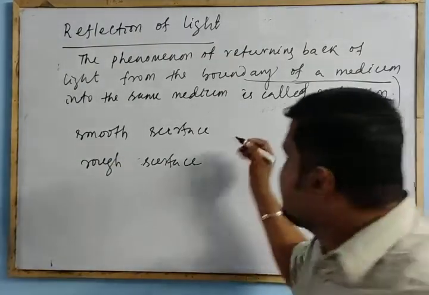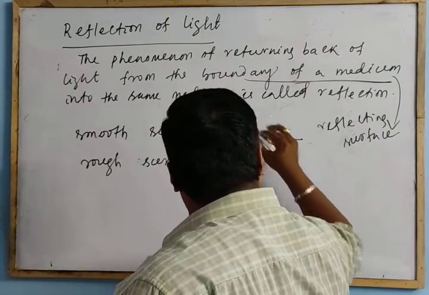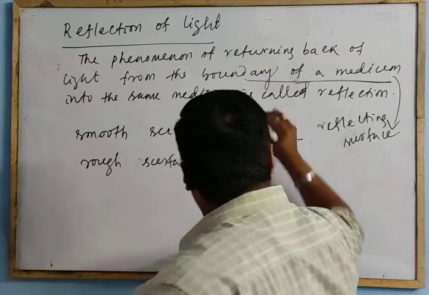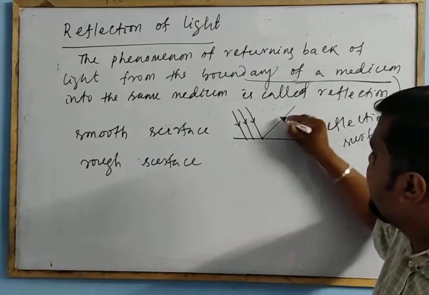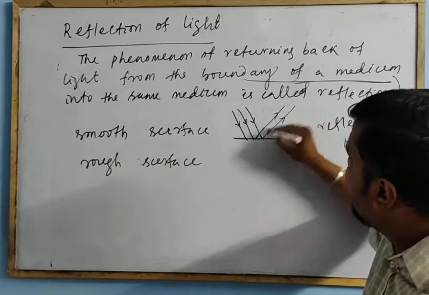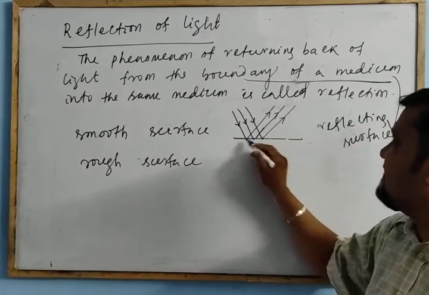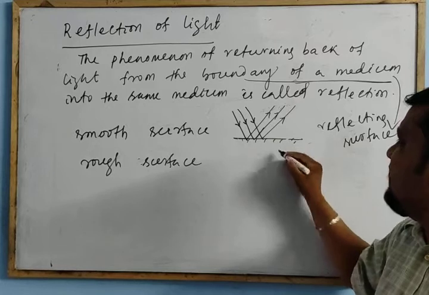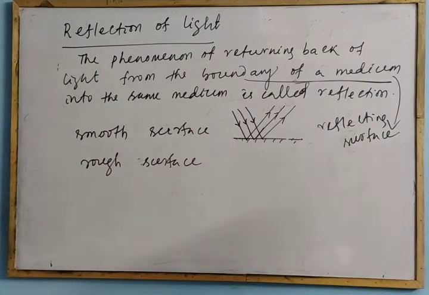So these are the parallel rays incident, and they reflect parallel. Then this surface is called a smooth surface.